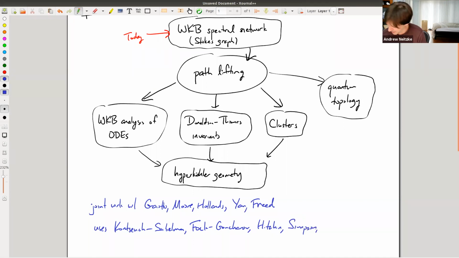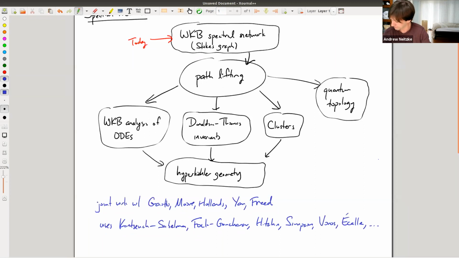For WKB, this all turned out to be connected to the theory of exact WKB, which was developed by Voros, Ecalle, and many others. Okay, so this is far from a complete list.